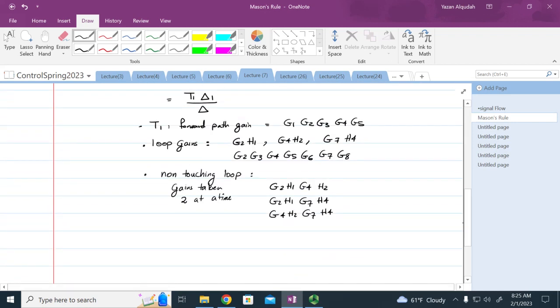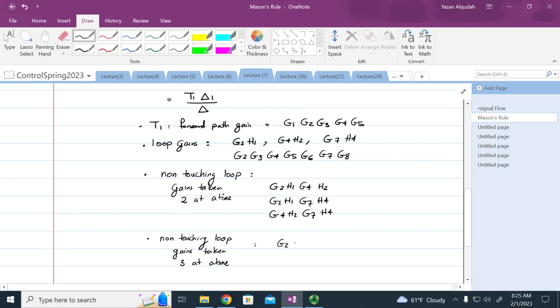Okay, do we have non-touching loops that we can take three at a time? Yes, we do. What is the non-touching loop gain taking three at a time? We're going to multiply the gains of all the loops.